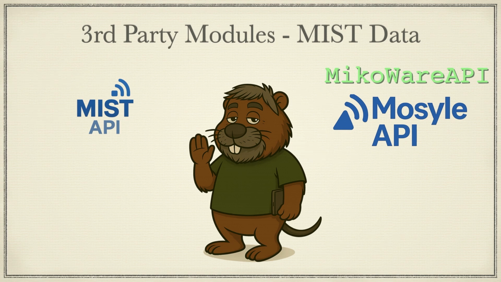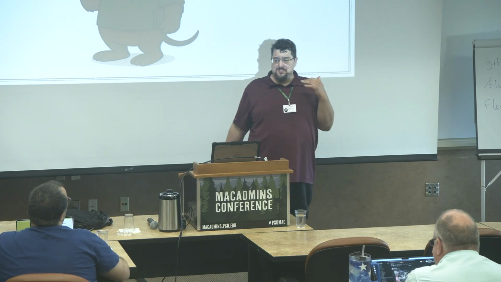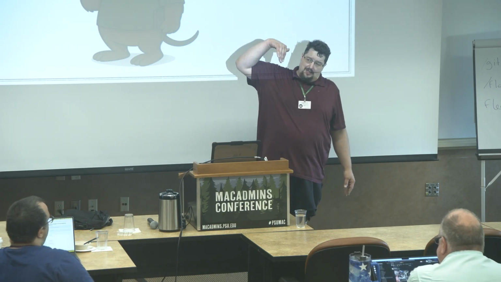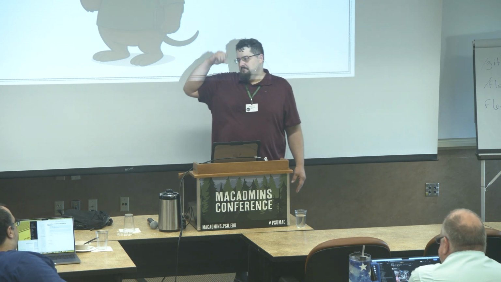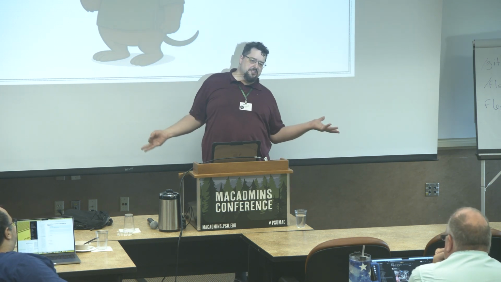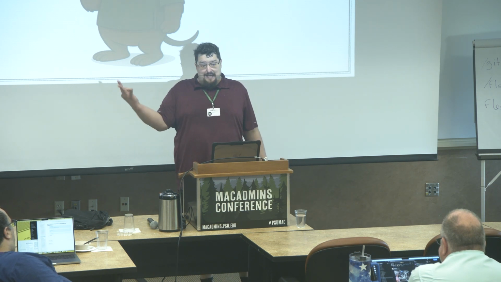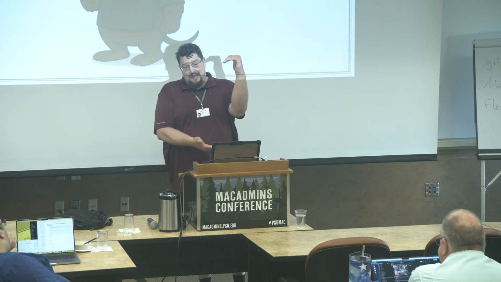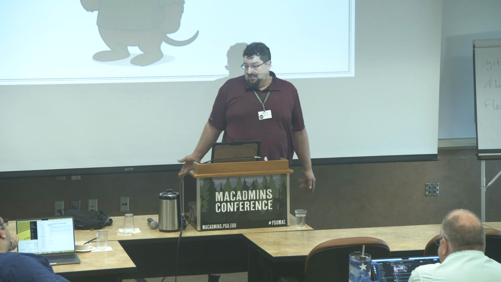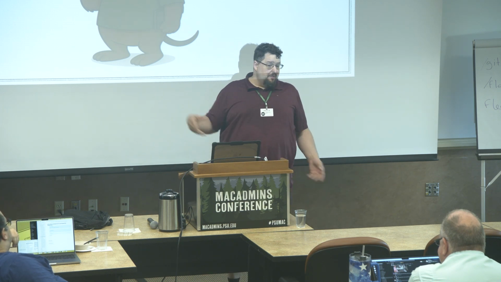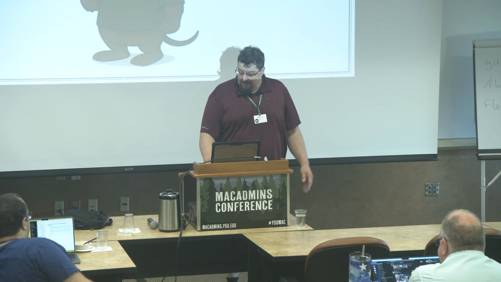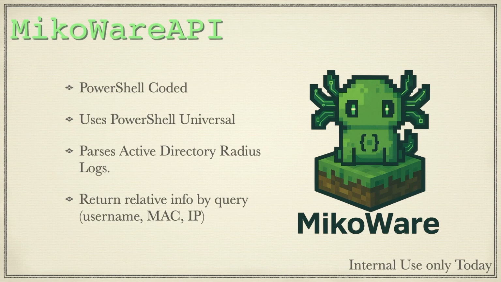I went to a session yesterday where they were talking about using the Apple Business Manager API to get purchase dates, all the stuff that's in Apple Business Manager, more or less. You could very easily write a module here that would take that serial, go look it up, and tell you that stuff. It would just lay in that folder with all the other modules. That's from Miko's API.